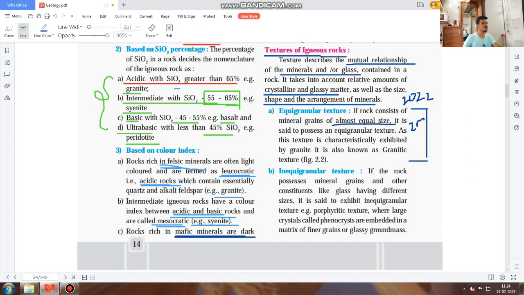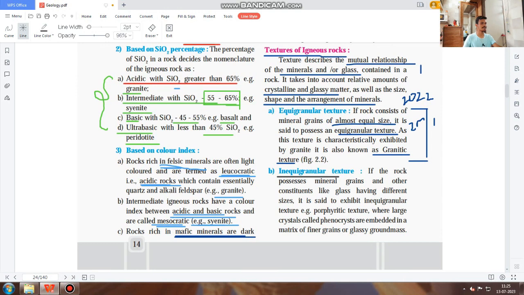If the rock consists of mineral grains of almost equal size, they are called equigranular texture. The best example is granite. The question was: what are igneous textures, and explain equigranular texture. So this is for 1 mark and this is for 1 mark, equal to 2 marks.